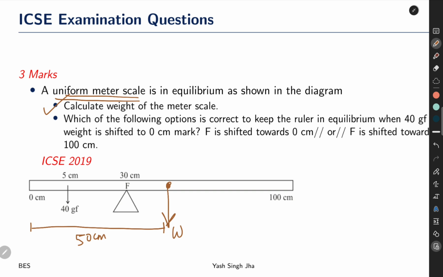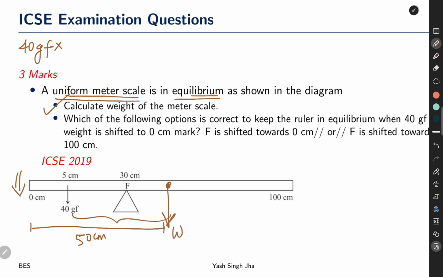They want us to calculate the weight of the meter scale. How do we do it? They are saying that the scale is in equilibrium, so the summation of all the torques should be 0. The torque due to 40 GF is producing an anti-clockwise turning effect. The torque is 40 GF into this distance.